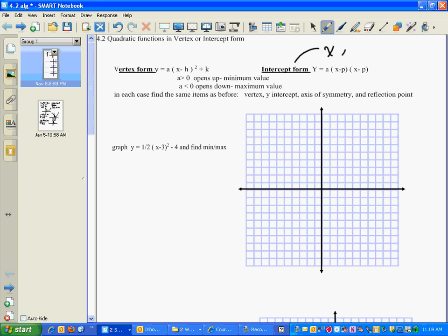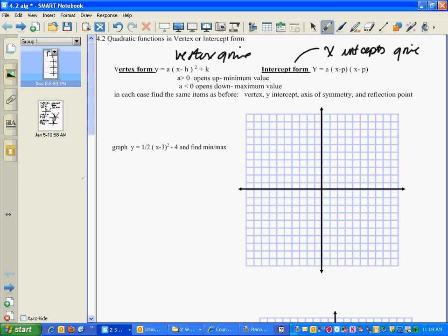Okay? So x-intercepts are given here. Vertex is given here, in addition to the direction that it opens. Make sense?